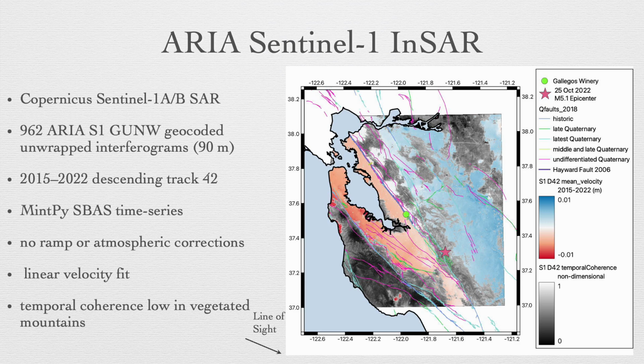No tilt or ramp adjustment was applied to this dataset, and this map shows the linear mean velocity over 7 years. Coherence is low in areas of vegetation, especially in the Santa Cruz Mountains, East Bay Hills, and Sacramento River Delta.